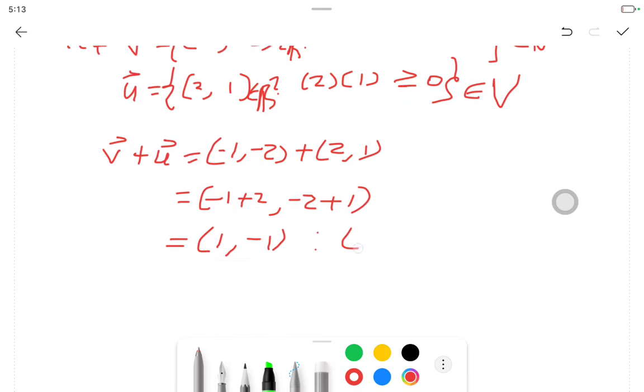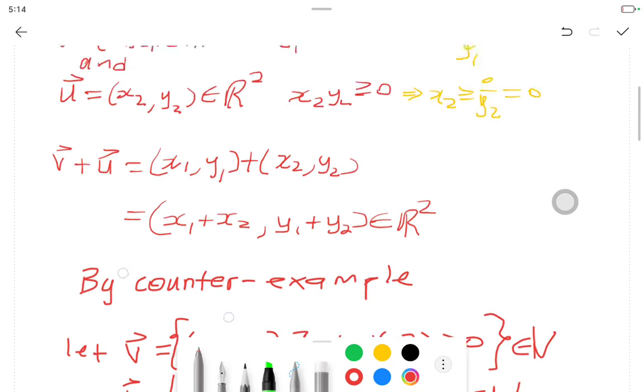But if we check 1 and -1, this is going to be less than 0. You see, right? This implies that v plus u cannot be an element of v because it didn't satisfy that condition. So we have shown this by counter example.